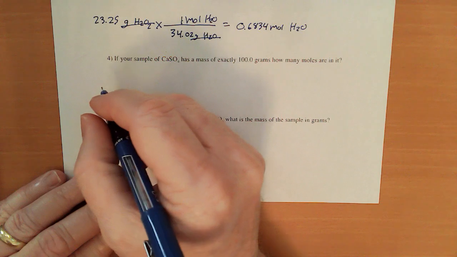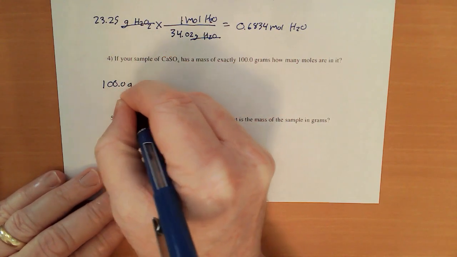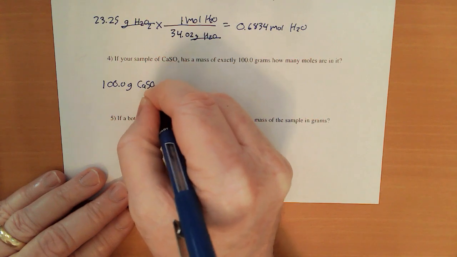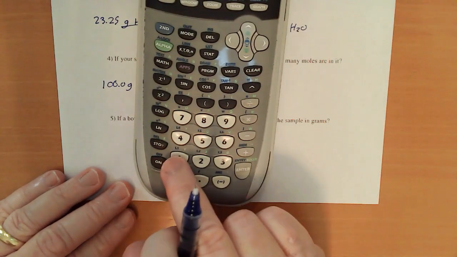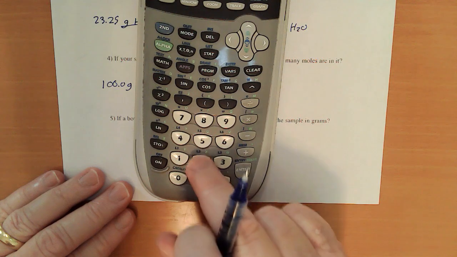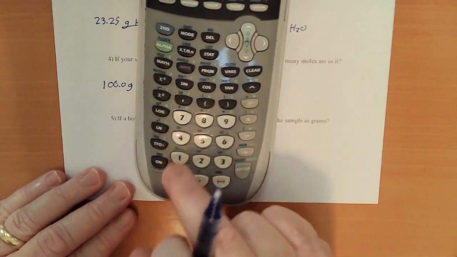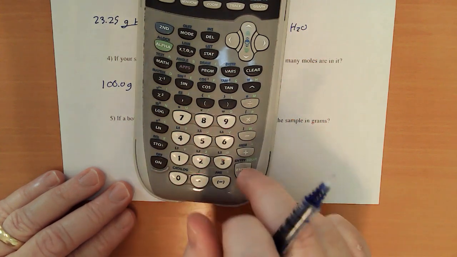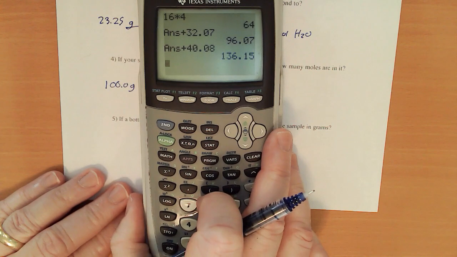Now, number 4, 100.0 grams CaSO4 times. All right, now for that molar mass, 16 times 4 plus 32.07 for the sulfur plus 40.08 for the calcium, 136.15.